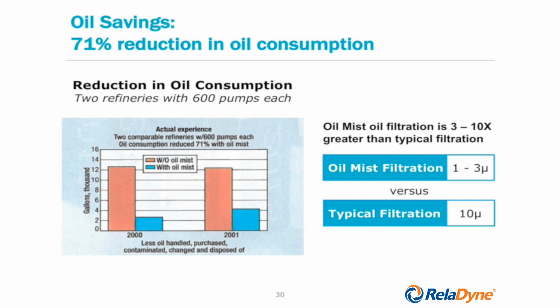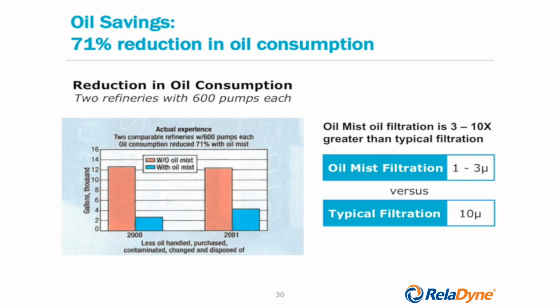We are sending only atomized globules of oil in mist form through these bearings. And as a result, we really are using fresh, clean oil throughout. And that in itself is allowing us to keep the oil, even if we collect it later on, in service for a much, much longer time, typically approximately 4 times as long.